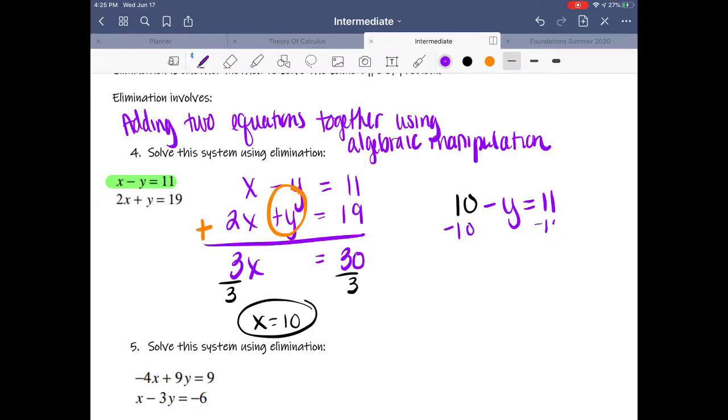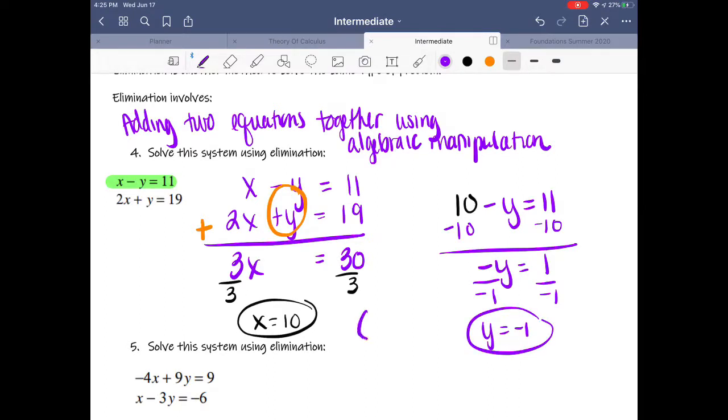And then I'm going to solve. And last step. And now I have my x and y coordinate. That is the point where these two lines intersect.